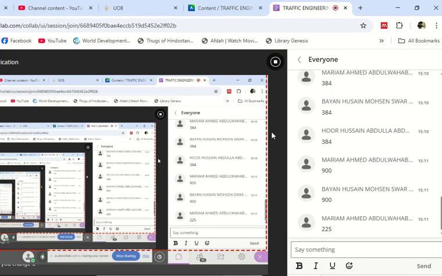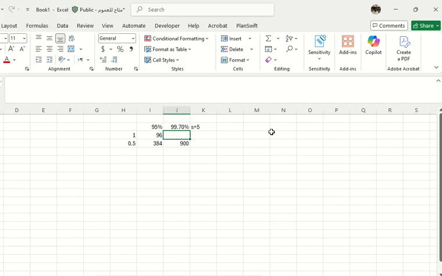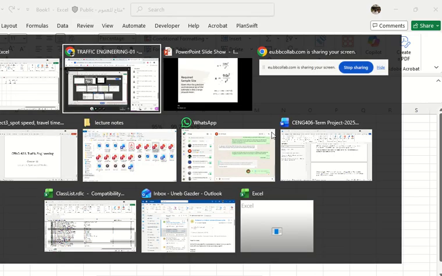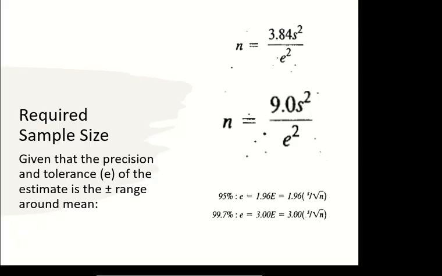How much do you get? 225. These are coming from the second equation, and the first column was from the first equation. S was assumed and E was changing from 1 to 0.5.